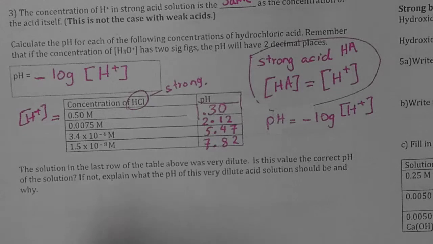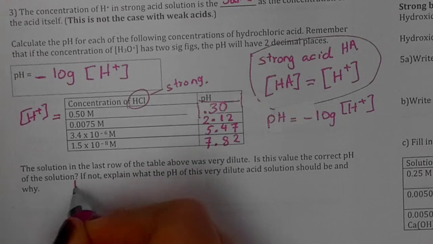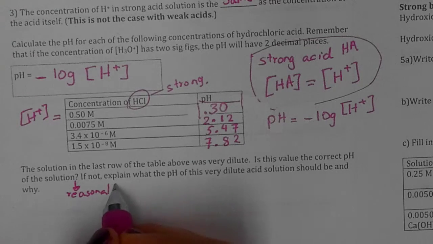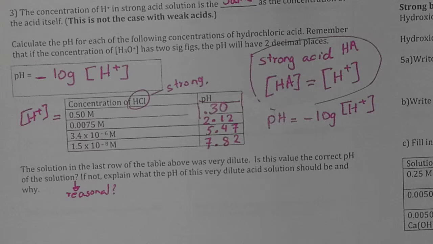Is this value of pH reasonable? If not, explain what the pH of this dilute solution should be and why.